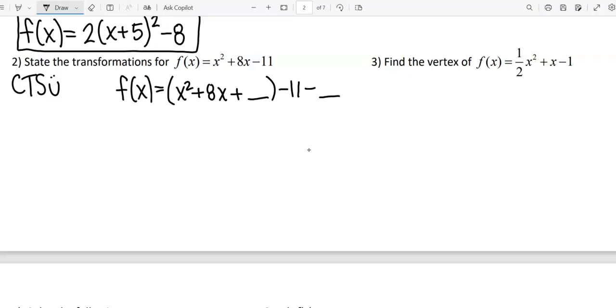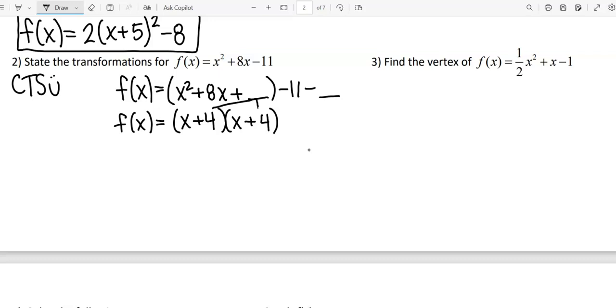Once I have x squared on the inside, I'm not multiplying anything by x squared there, so I don't have to take anything out. I'm ready to factor it into a perfect square. And so f of x equals, if I'm factoring x squared plus 8x plus some mystery number into a perfect square, what will my factors be? X plus 4 and x plus 4.